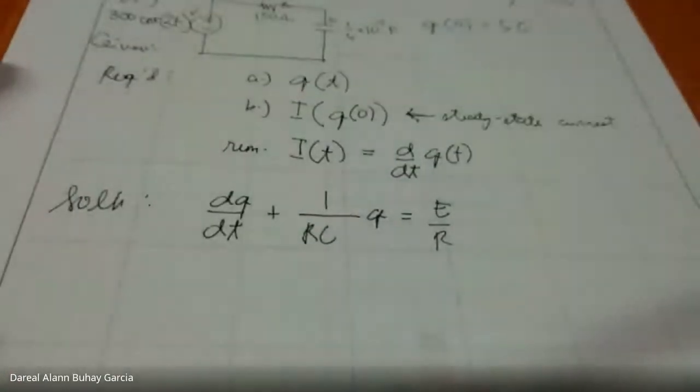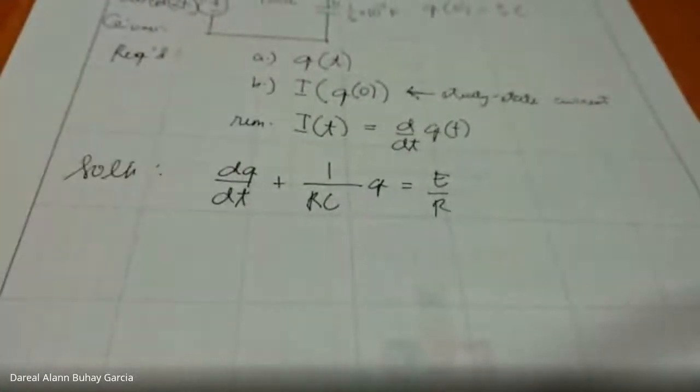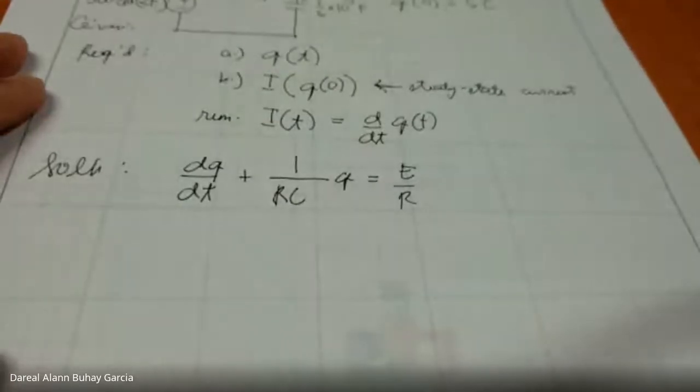So for RC circuits, dq over dt plus 1 over RC times q, where q is our dependent variable, is equal to E over R. So that's the formula, which is also in our notes.